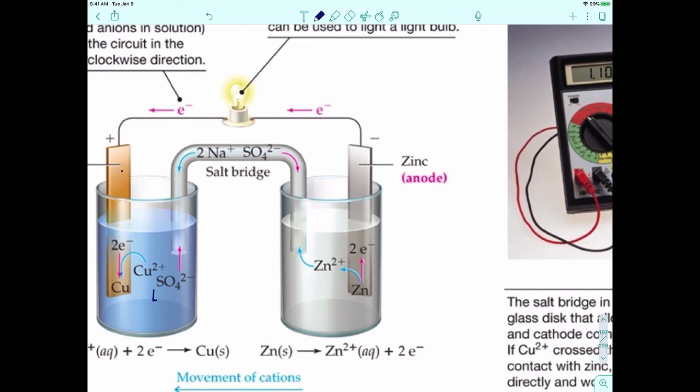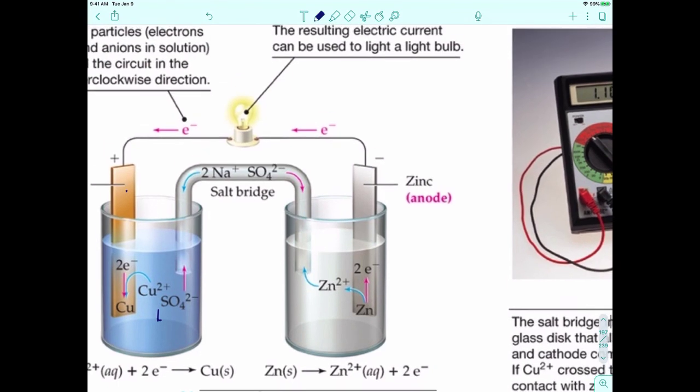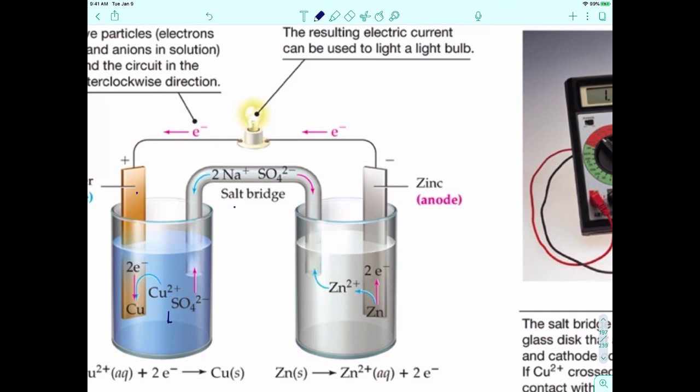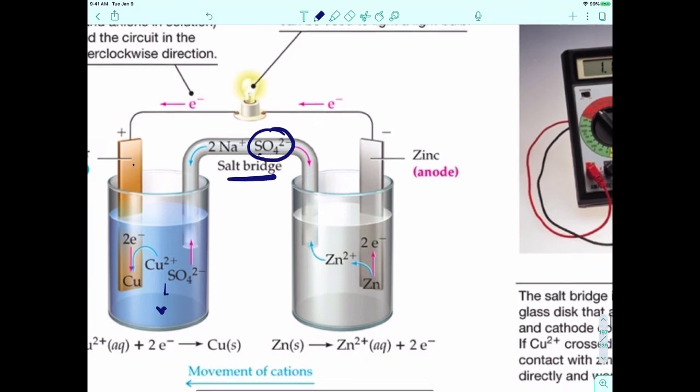Now, in order to complete the circuit, however, we've also got to incorporate a salt bridge that contains some sort of salt. In this case, we're going to use sodium sulfate, not only because it's relatively inexpensive, but because we can make copper 2 sulfate, which is the solution over here, and zinc 2 sulfate is also a solution as well.